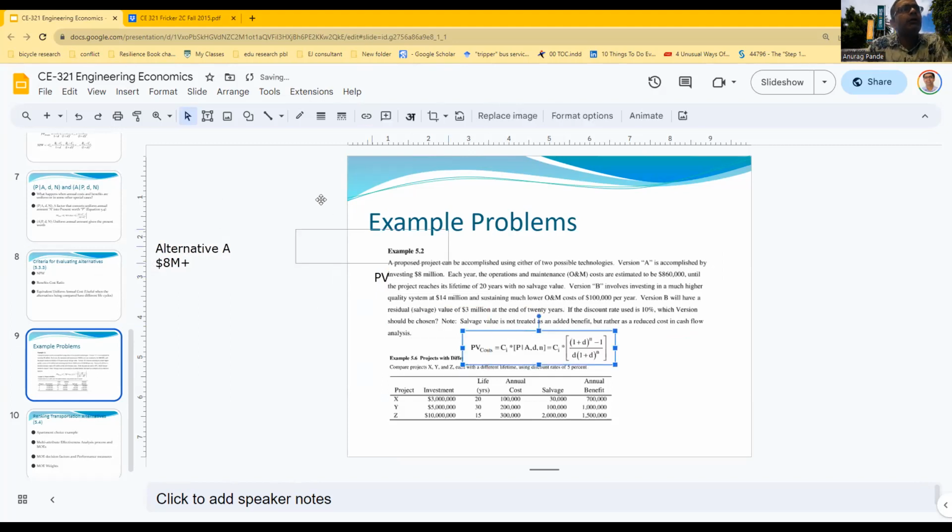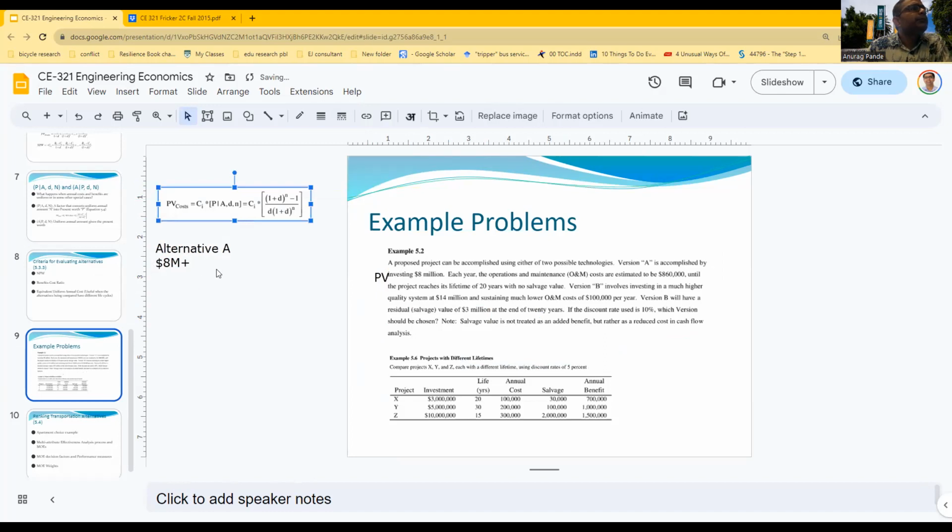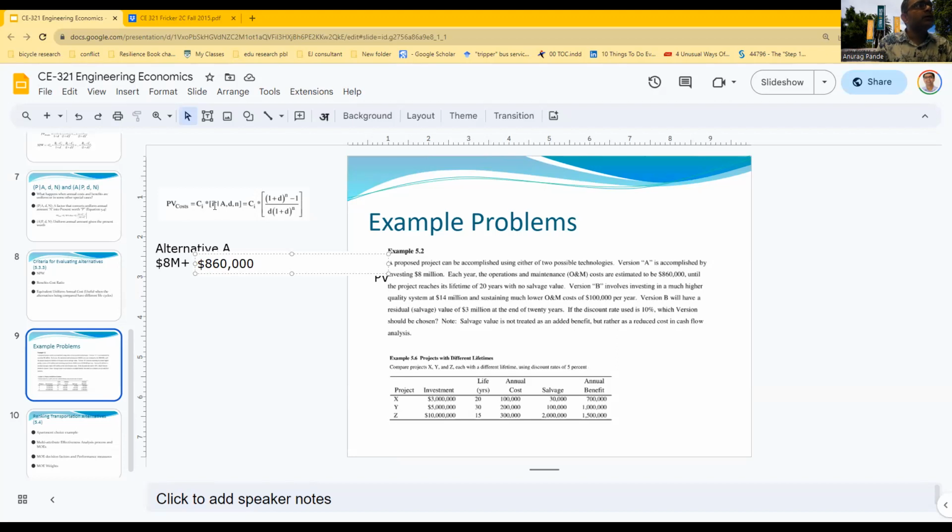So 8 million plus, I'm going to apply that to $860,000. This is an annual cost, so I'm going to convert that annual into present value. I can get present given annual with this formula.